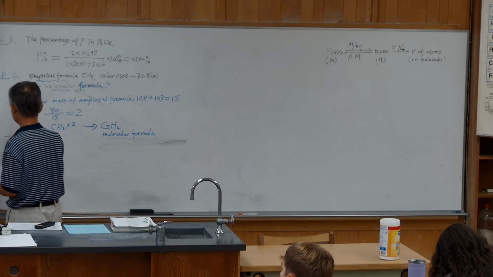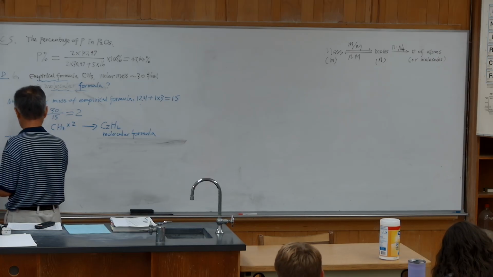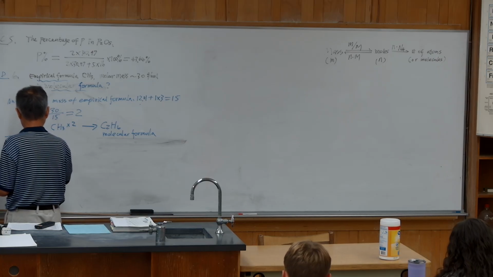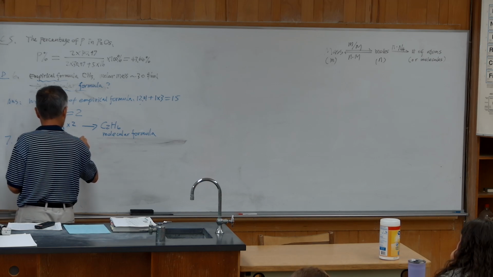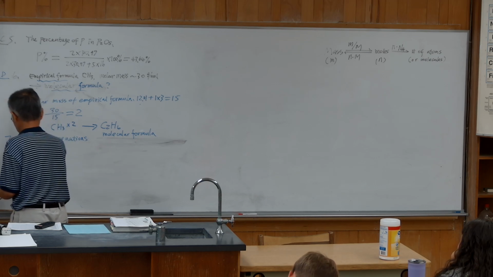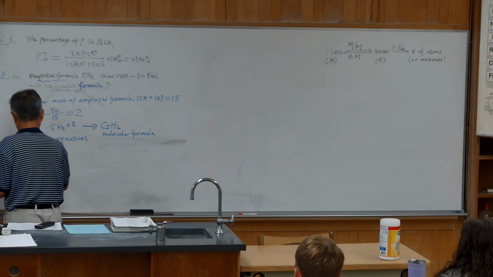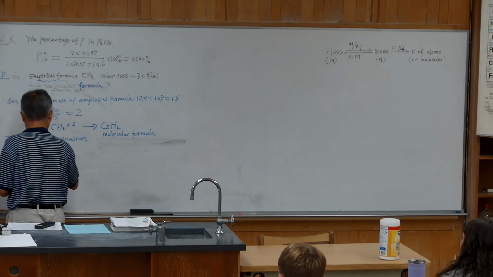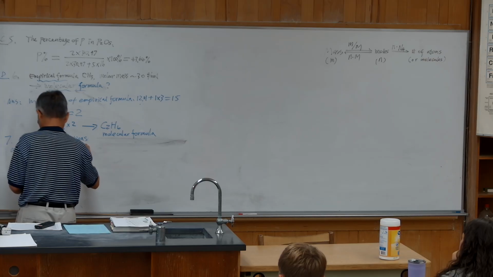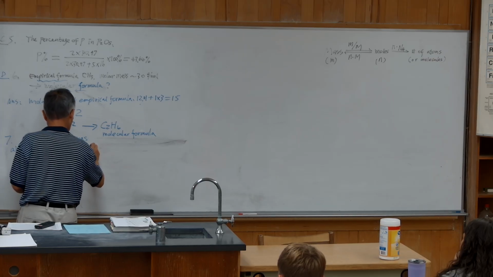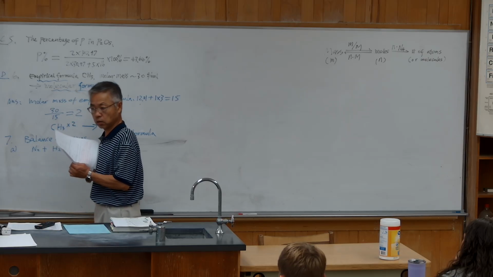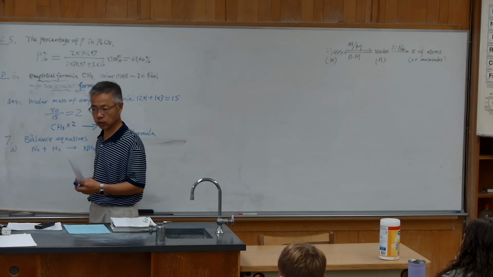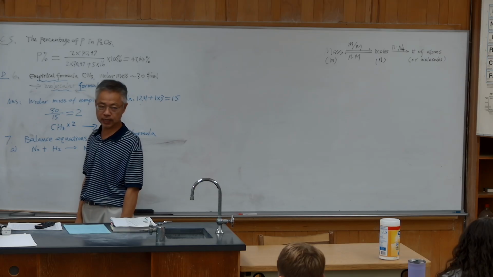Then question 7 is balancing equations. The rule is to start with an element that shows up only one time on each side.